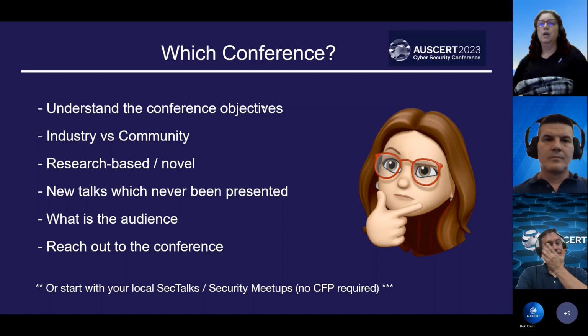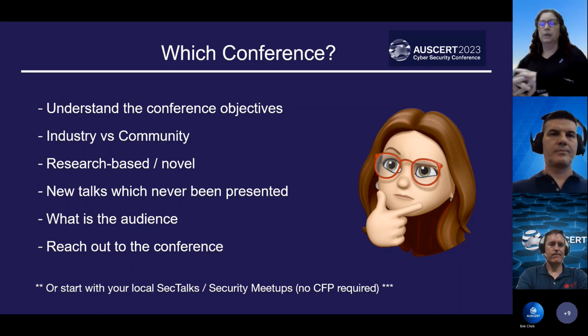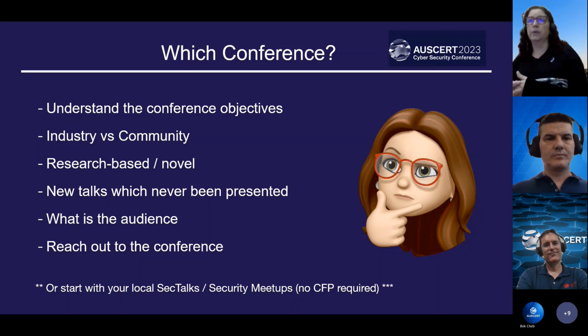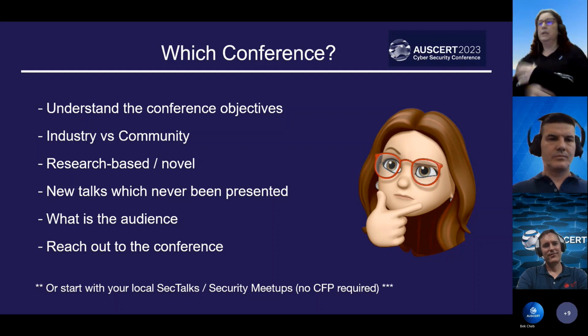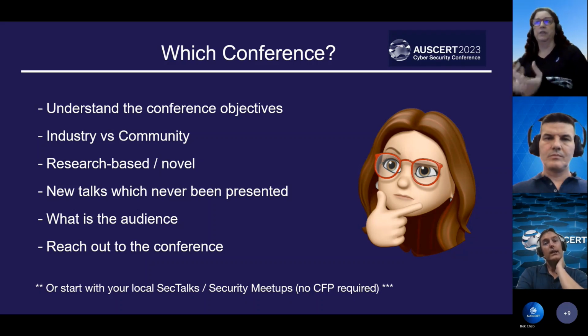All right, so this is not AusCERT specific, it's just for any conference. I won't linger on this one too much because I really want to make it about AusCERT. With any conference you apply for, it's really important to understand what the conference objectives are. It was really good before that Mike gave an overview of what AusCERT is about.